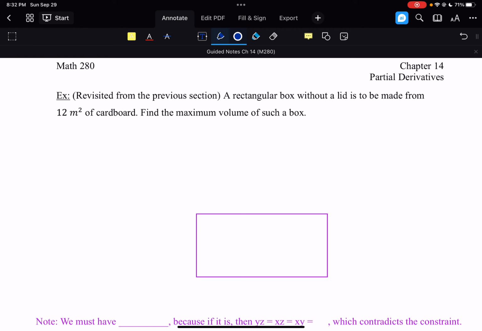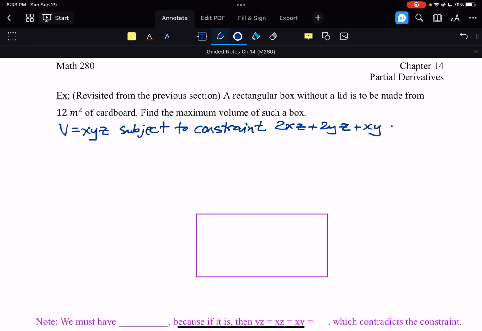So we have V equals xyz subject to the constraint 2xz plus 2yz plus xy equals 12.